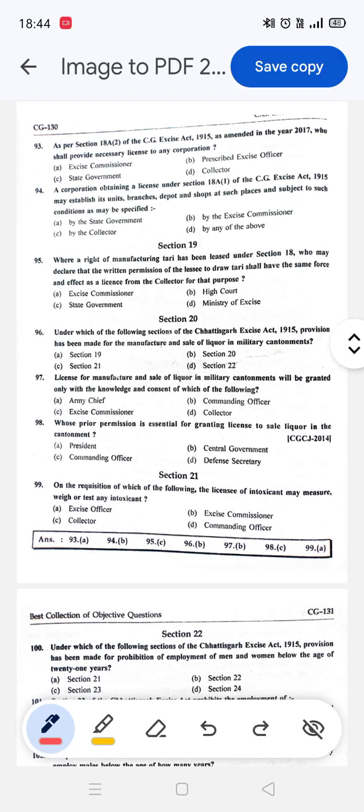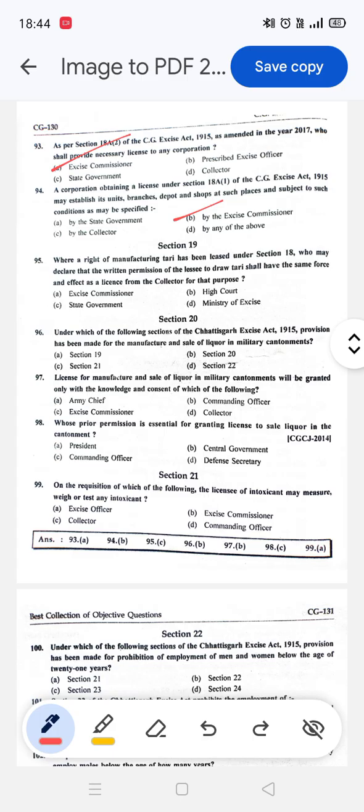Question number 93. As per the section 18A2 of the Chhattisgarh Excise Act 1950 as amended in the year 2017, who shall provide necessary license to any corporation? So Excise Commissioner. Correct option is A. 94. A corporation obtaining a license under 18A1 of the Chhattisgarh Excise Act may establish its unit, branches, depot and shops at such places and subject to such conditions as may be specified by the Excise Commissioner.